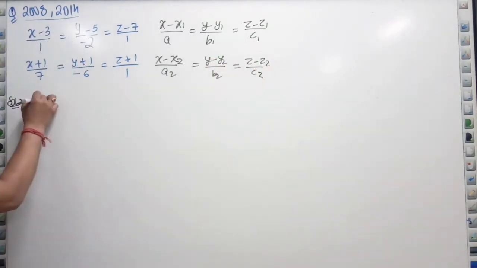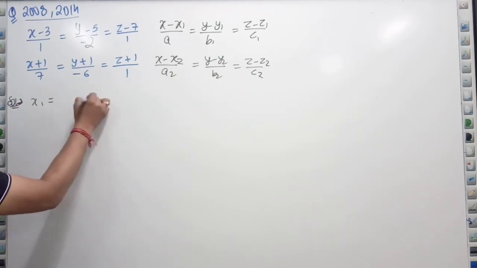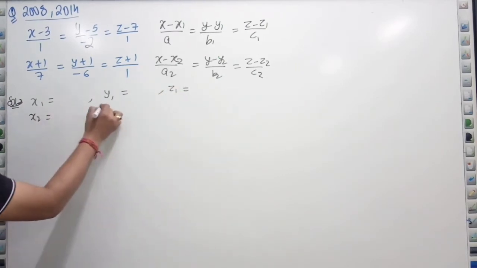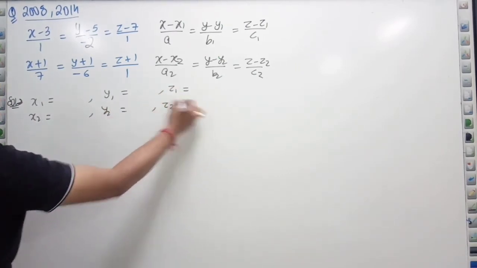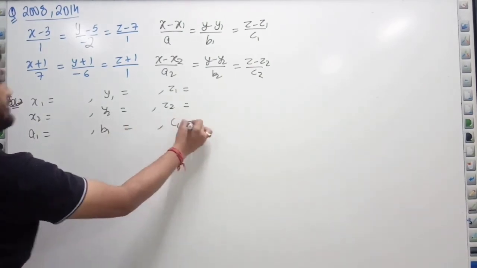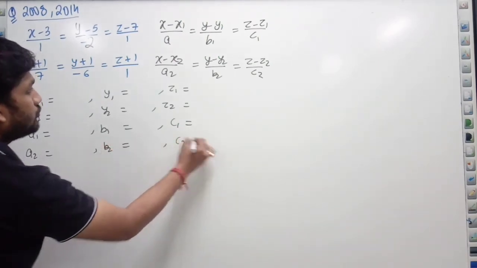So what will be x1, y1, z1, x2, y2, z2, a1, b1, c1, a2, b2, and c2.